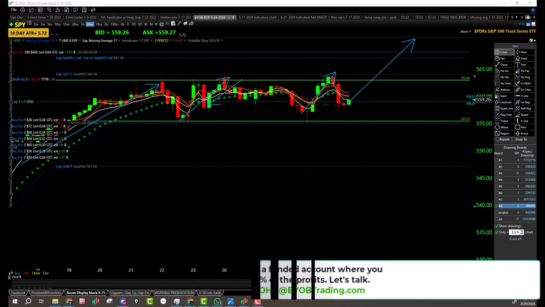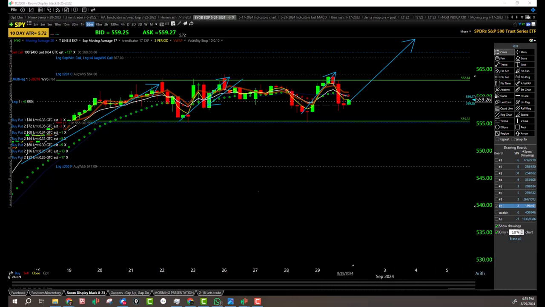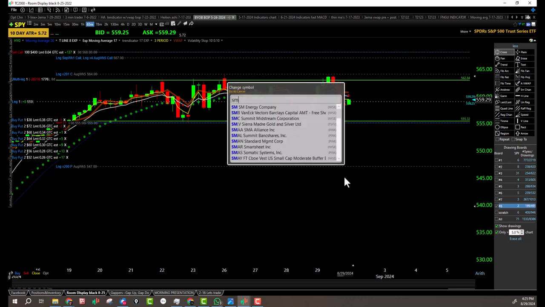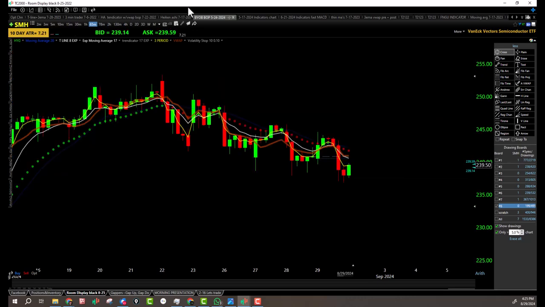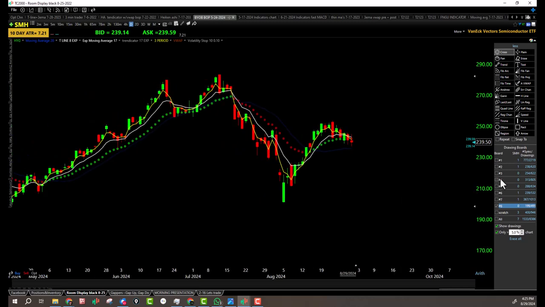John T says, such as SMH and XLK, can we apply a measured move to estimate the upside target? Absolutely. Let's go take a look at that. Let's look at SMH and pull it up on the daily. SMH has a move.